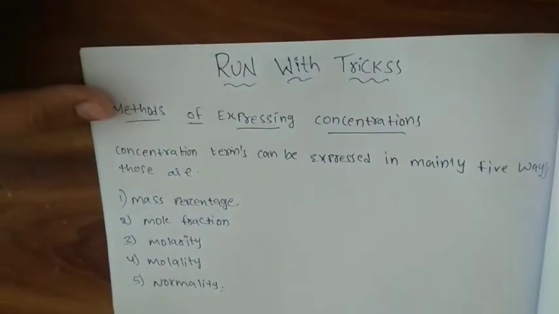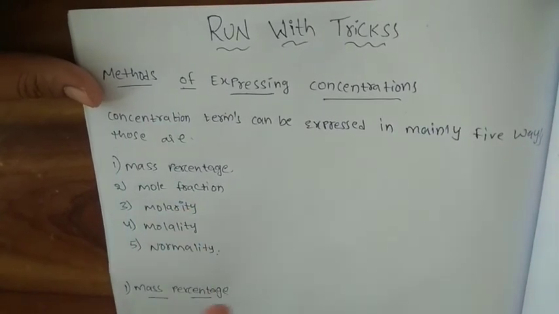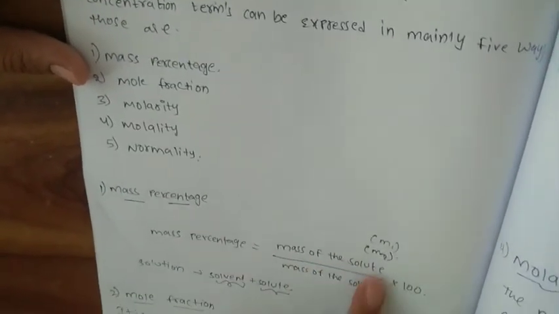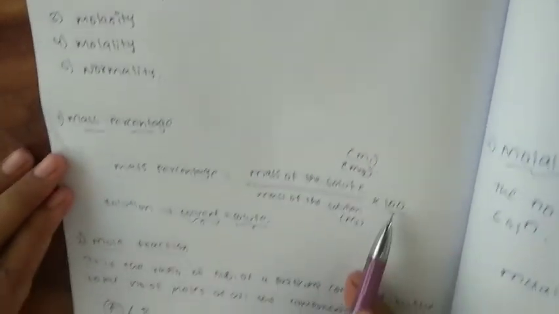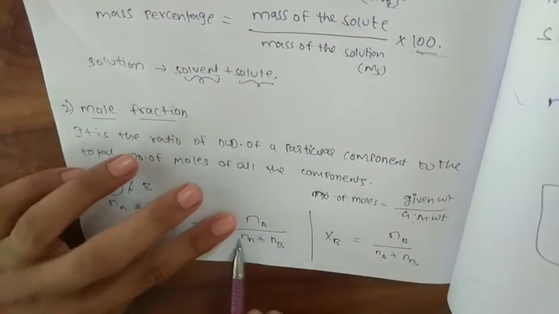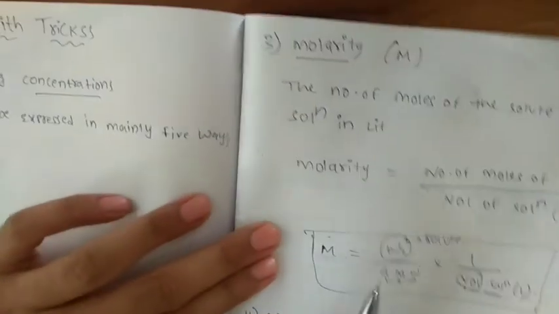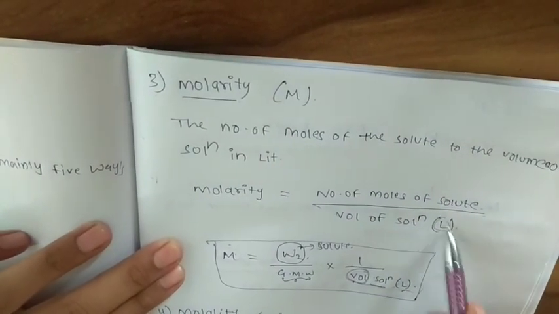So these are the concentration terms: mass percentage, mole fraction, molarity, molality and normality. Mass percentage is the mass of solute to the mass of solution into 100. You should not forget to multiply by 100. Mole fraction is the number of moles of a particular component to the total components. Molarity equals number of moles of solute by volume of solution in liters. You should not forget the liters.